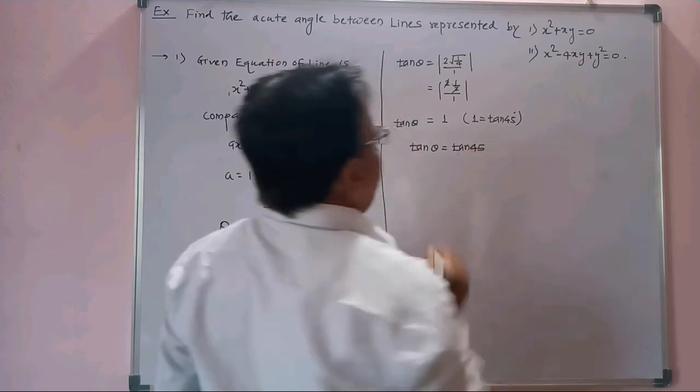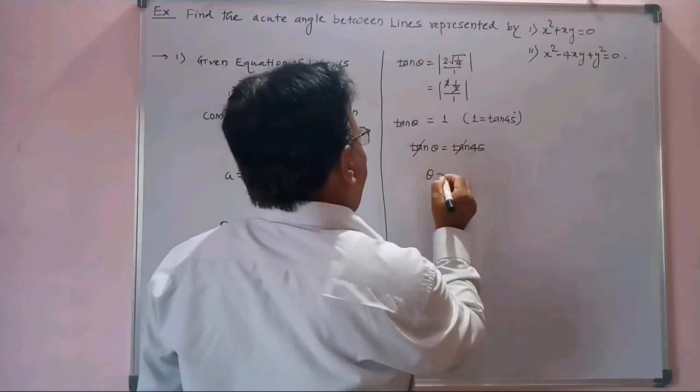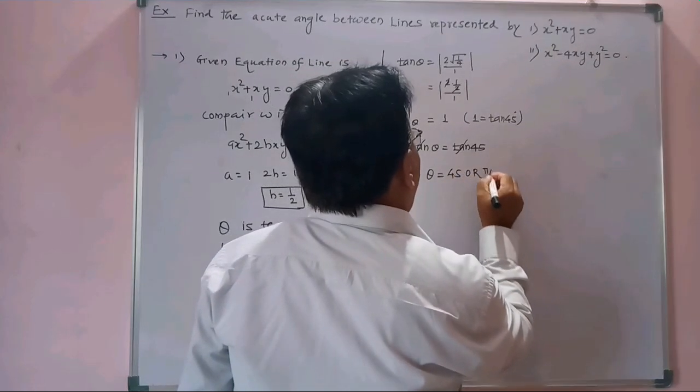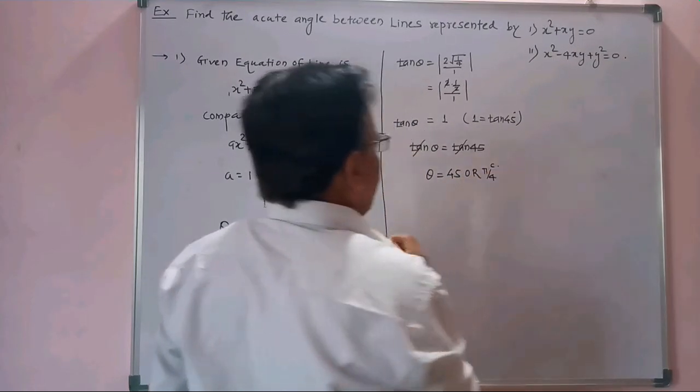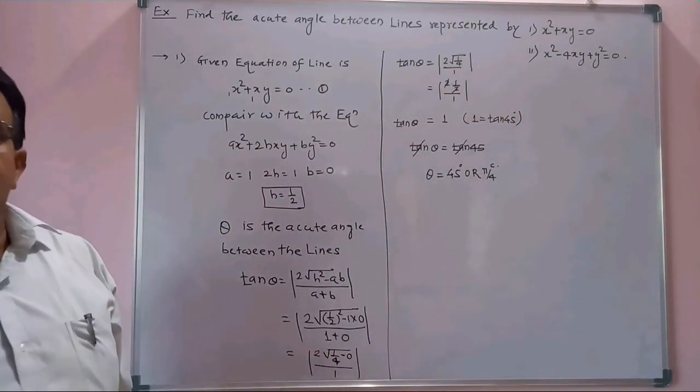Tan theta equal to tan 45. This tan and this tan cancel. Therefore, theta is 45 degree, or pi by 4 radian.